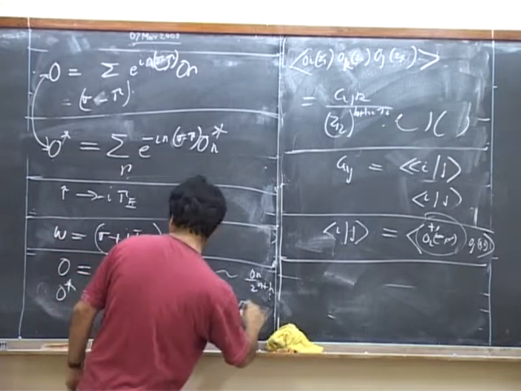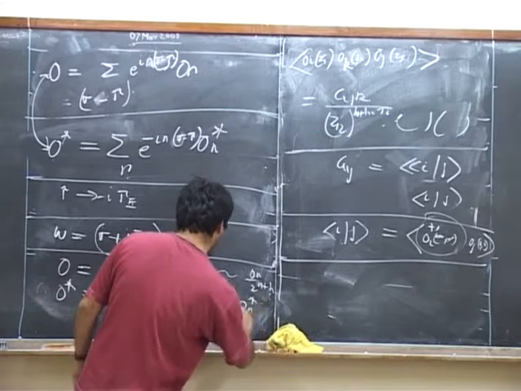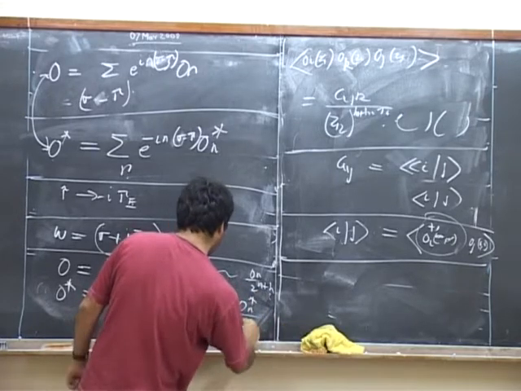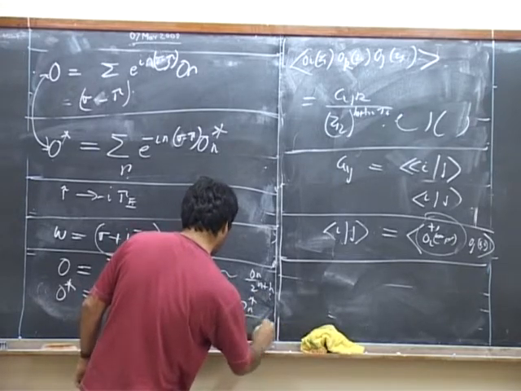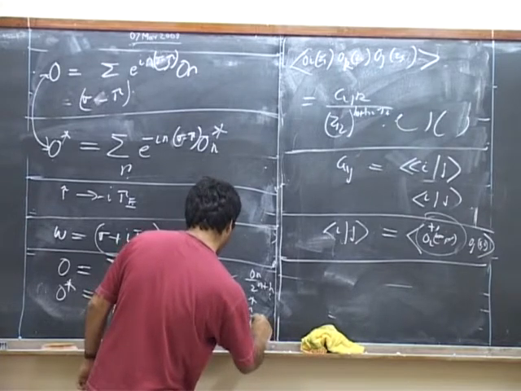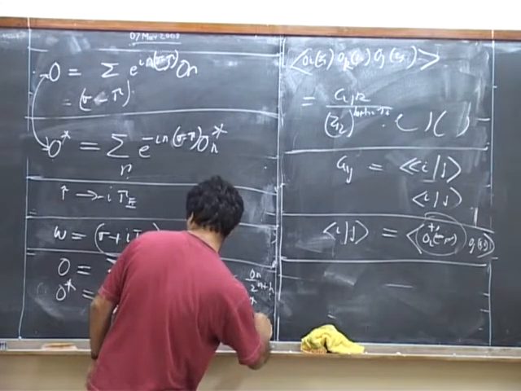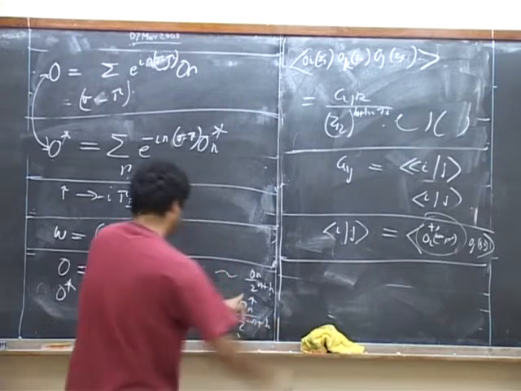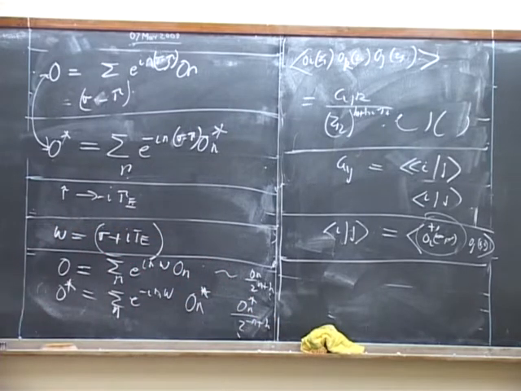Whereas this will go to On star over Z to the power minus n plus h. It's just the same thing, On and On star the same way.